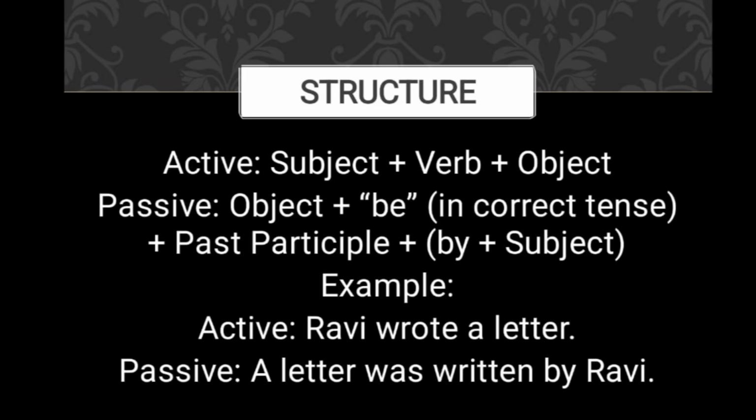In passive voice, the structure becomes object plus form of be plus past participle plus by plus subject. So the sentence becomes a letter was written by Ravi. Notice that the object becomes the subject in passive voice.